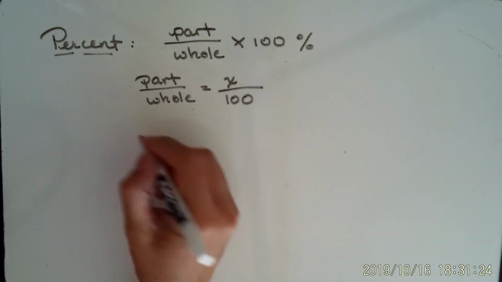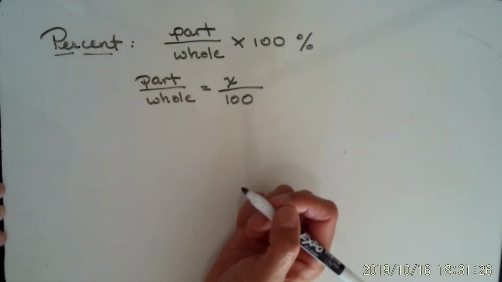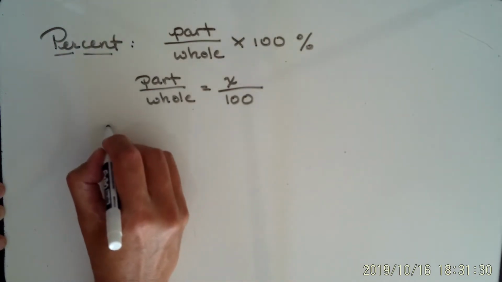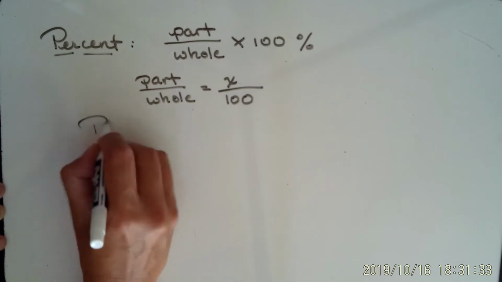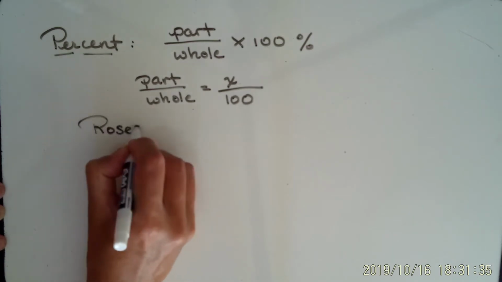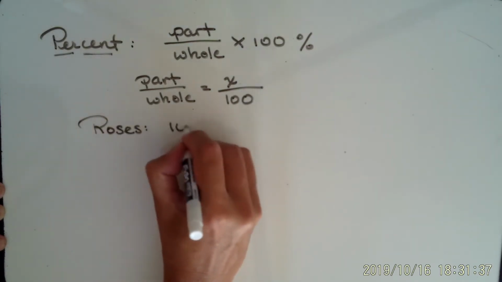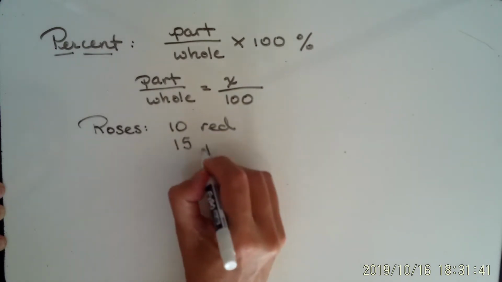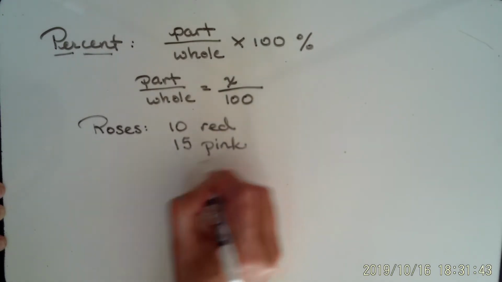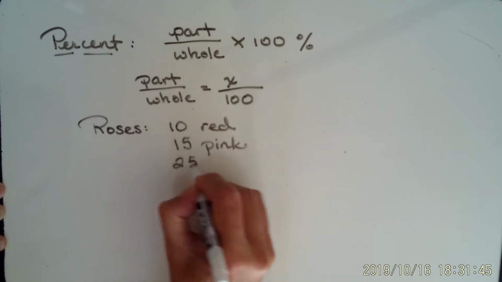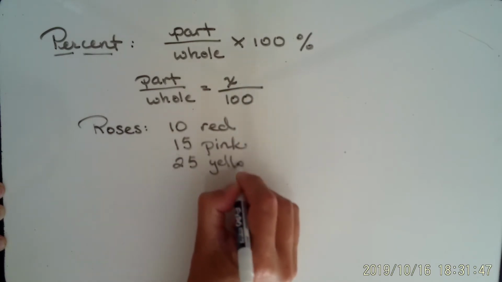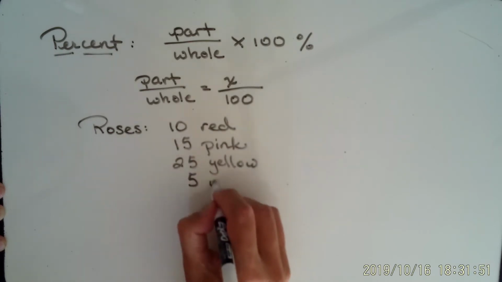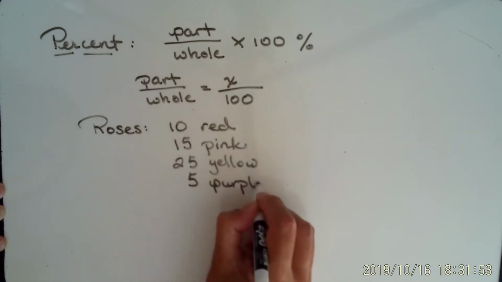Okay? So let's take an example. Suppose I have some roses: 10 red roses, 15 pink roses, 25 yellow roses, and let's say 5 purple roses. Okay?